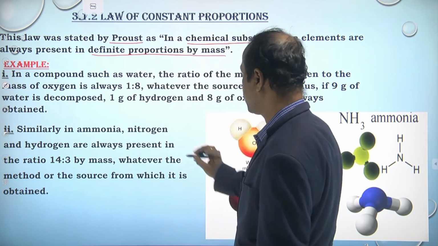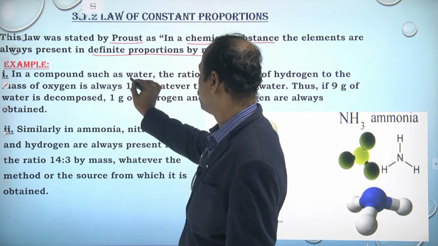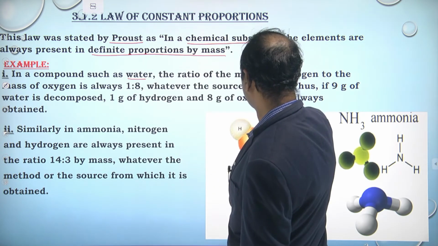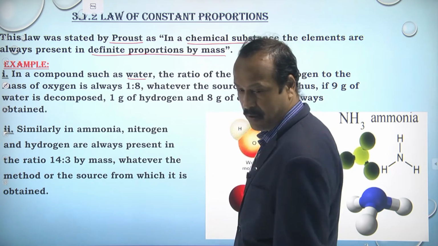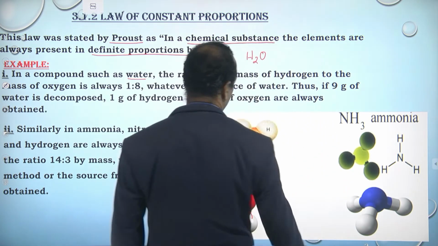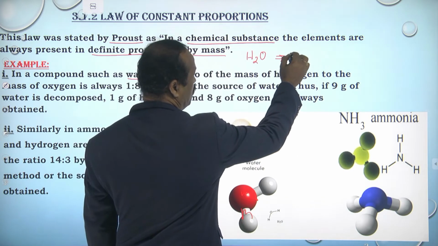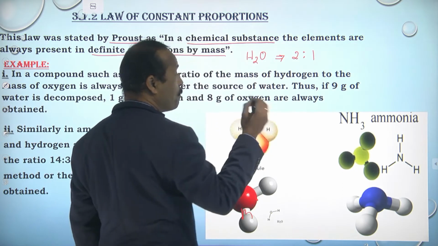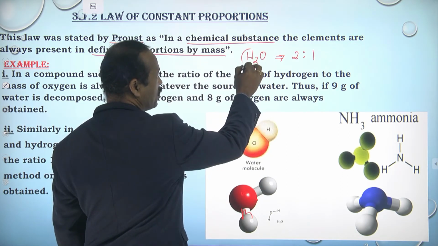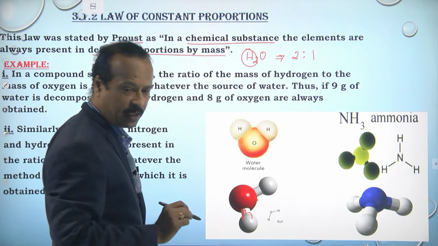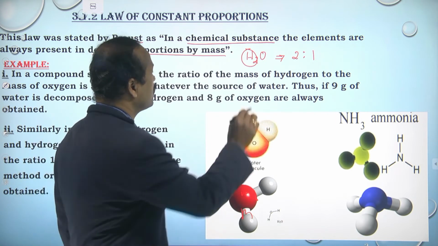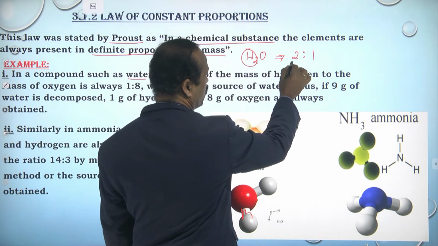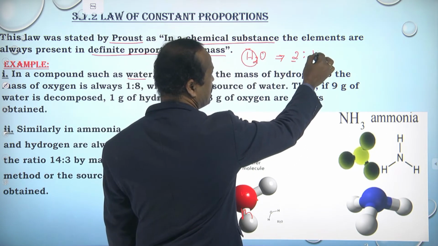For example, if you take water, you know the water formula is H2O. Water formula is H2O means the ratio of hydrogen to oxygen is 2:1. Mass wise, hydrogen atomic mass is 1. How many hydrogens are there? 2 hydrogens, so mass is 2, and oxygen atomic mass is 16.